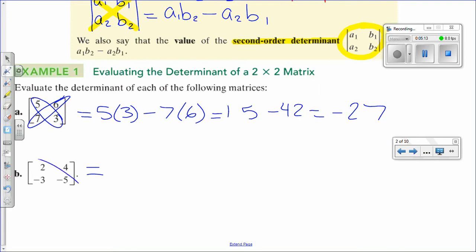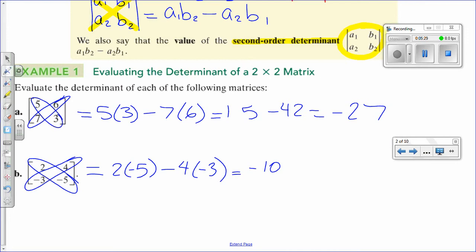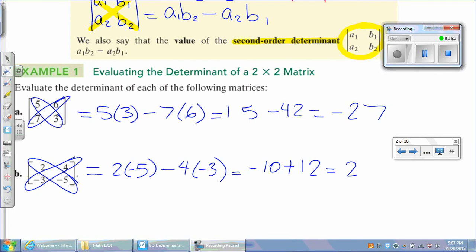For the next problem, again, we multiply the numbers across the main diagonal. So 2 times negative 5, then we subtract the product of the other two numbers, so that will be 4 times negative 3. With this, we will obtain negative 10 plus 12, and that will equal 2. Let's go to the next slide.